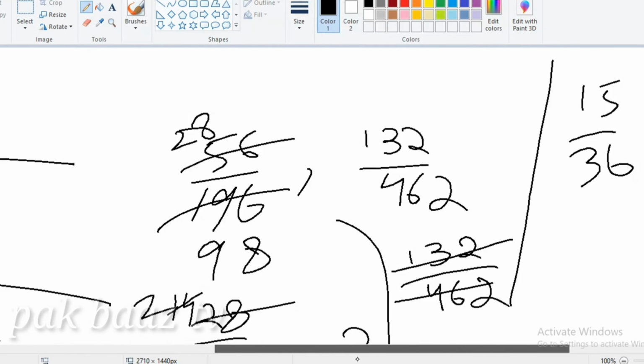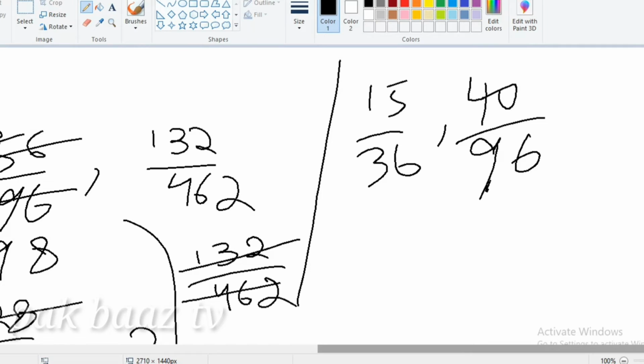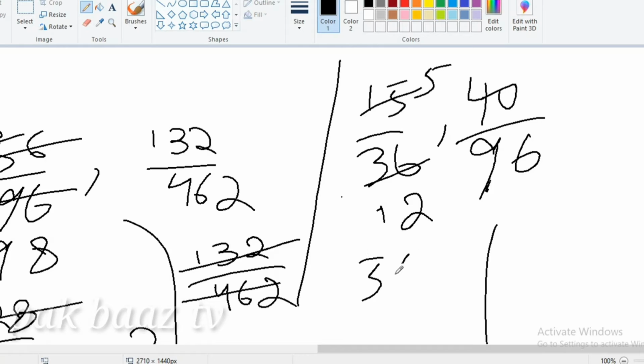First you have to complete the first fraction. For this you have to cancel with 3: 3 fives are 15, 3 ones are 3, 3 twos are 6. You will get 5 by 12.